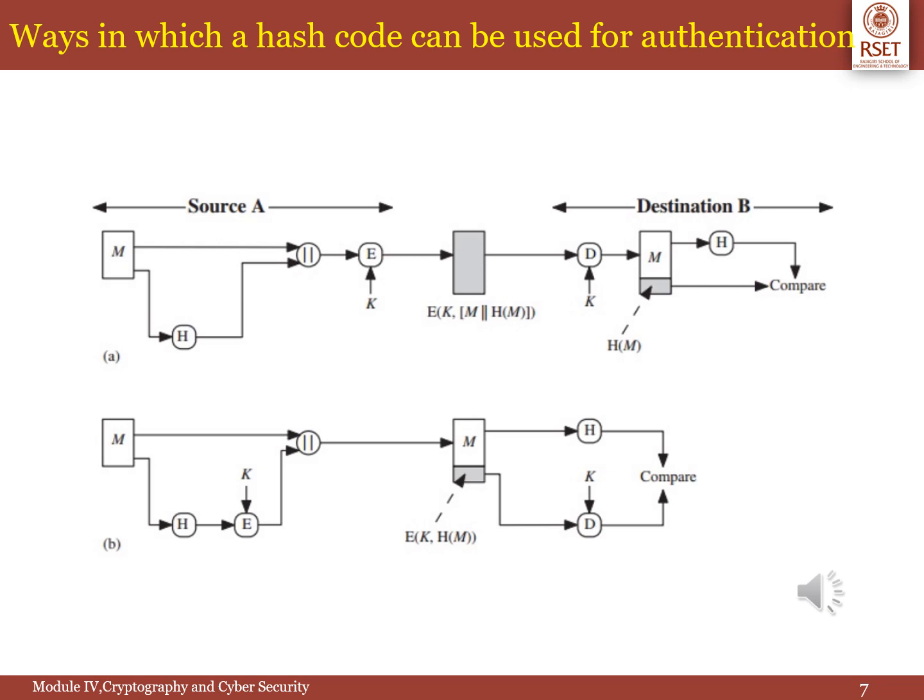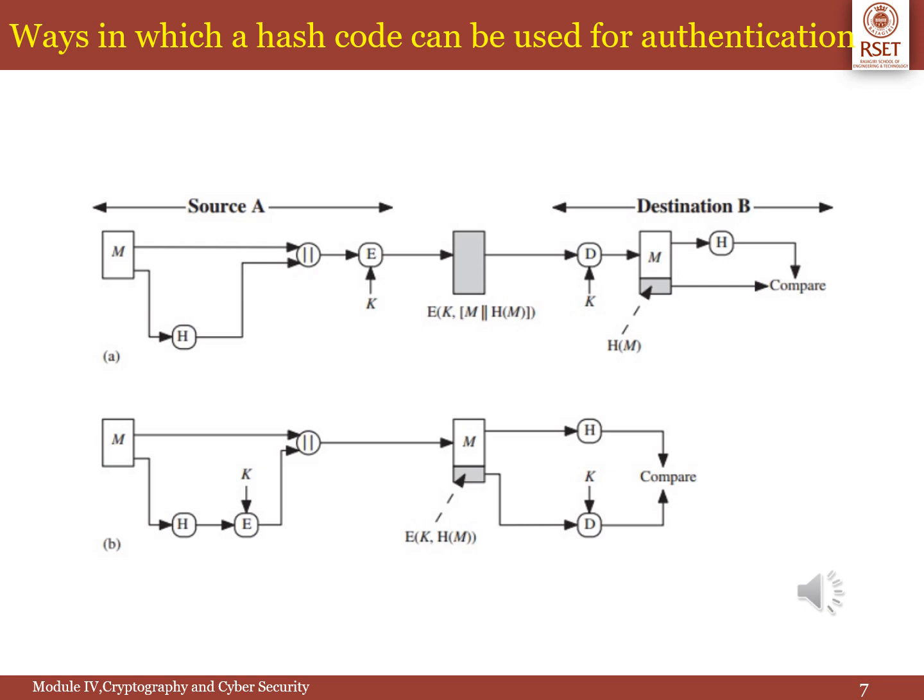The same key is used at the destination to decrypt the message, and you find the hash value from the message and compare it with the hash value that is received. If both the hash value that is received and that is generated at the receiver are the same, it ensures that the message has not been altered.